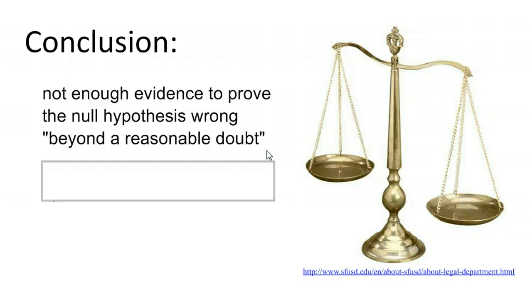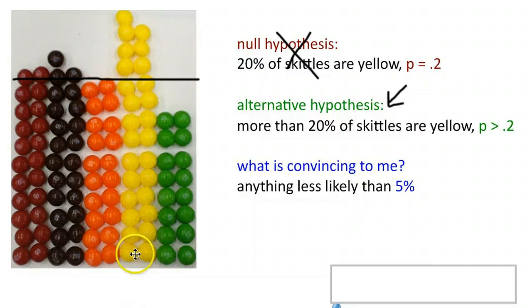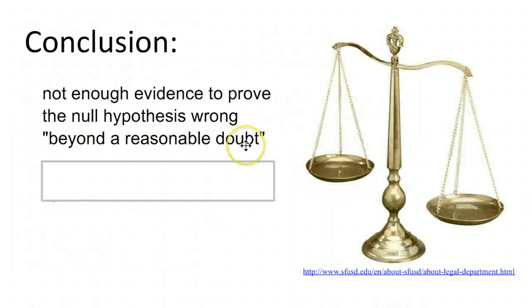It's just like in court. You might have a few witnesses go and testify against someone, but if there's not enough convincing evidence, even though there is some evidence against the person, they're going to let that person go. You can see here, we have some evidence that there are too many yellow Skittles being given to people in their bags of Skittles, but not enough, not beyond a reasonable doubt, such that we can prove it wrong.